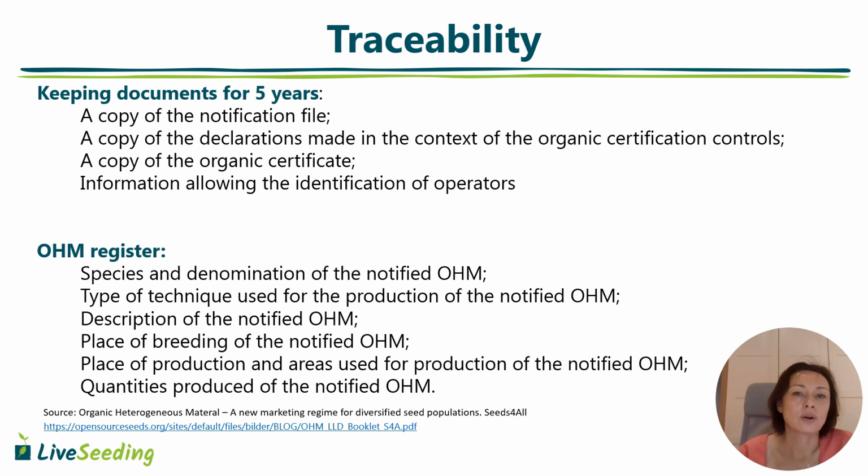In addition, OHM operators must maintain an accessible and up-to-date register containing key information about each notified OHM, including species and denomination of the OHM, type of technique used for the production of OHM, description of the notified OHM, place of breeding, and place of production area of the notified OHM, and quantities produced of the notified OHM.